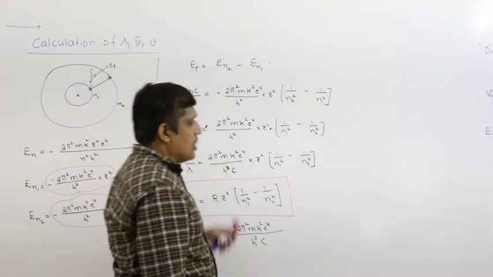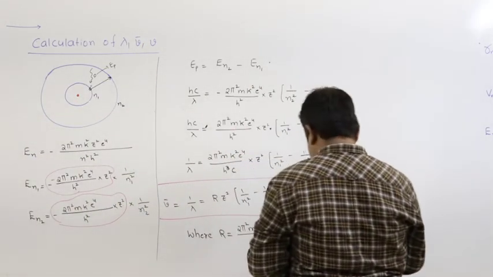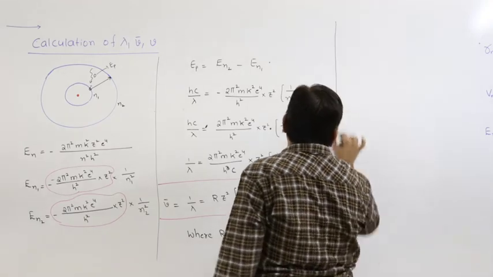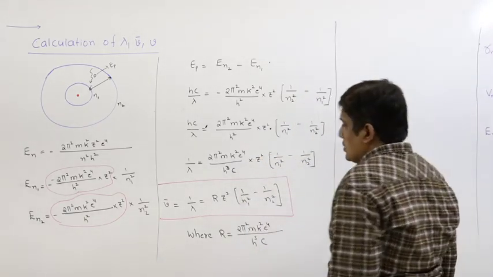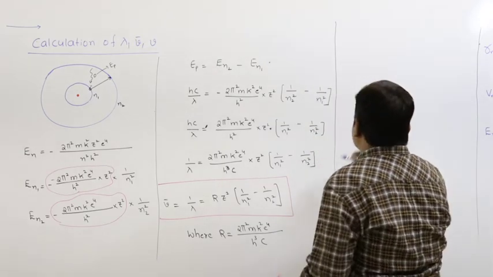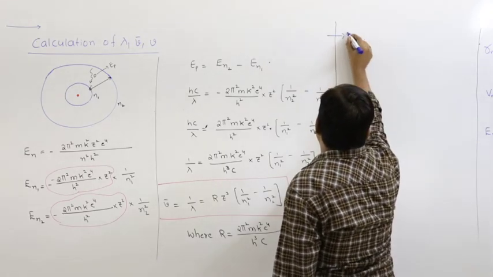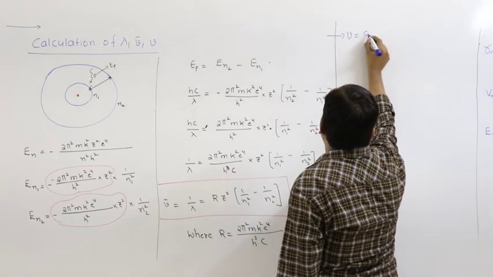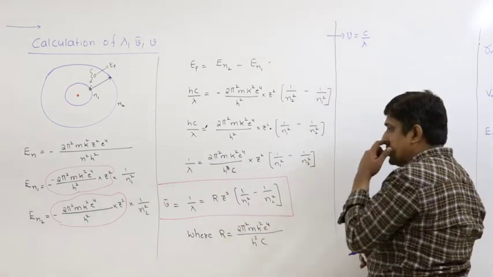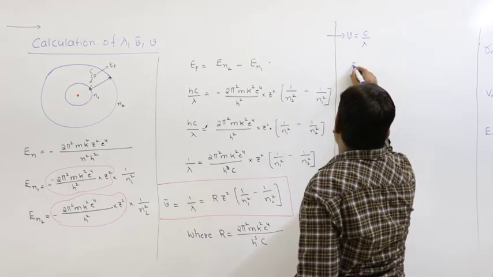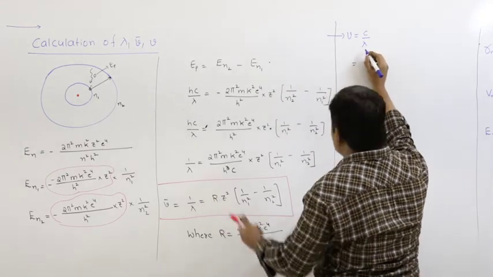So from this, let us see how to find frequency. What is frequency equal to? Frequency equals c by lambda. So multiply this equation with c, you will get the answer. So c into 1 by lambda equals this.